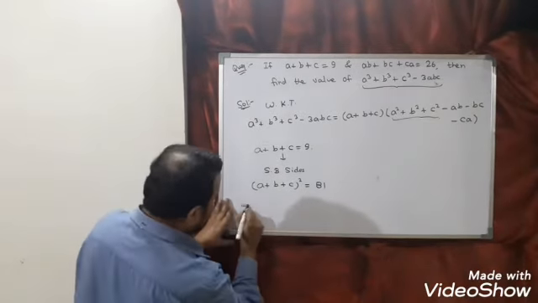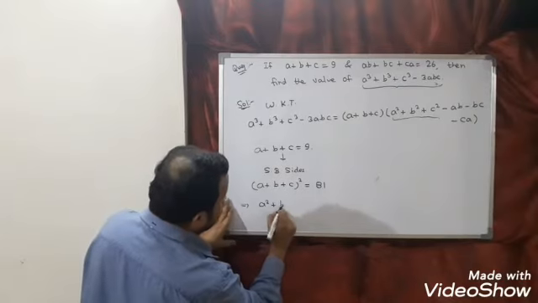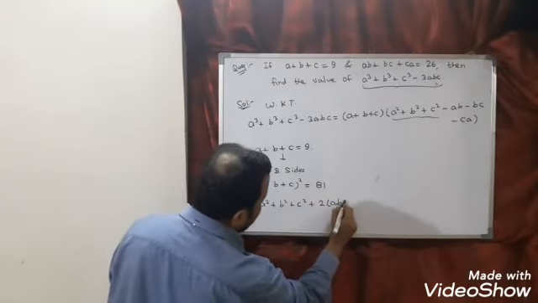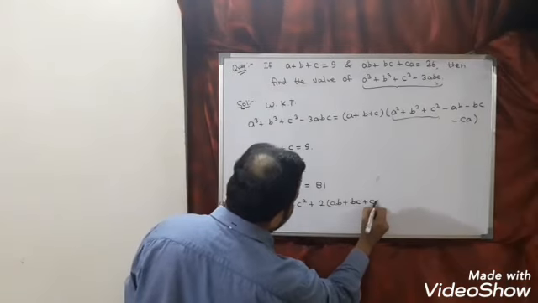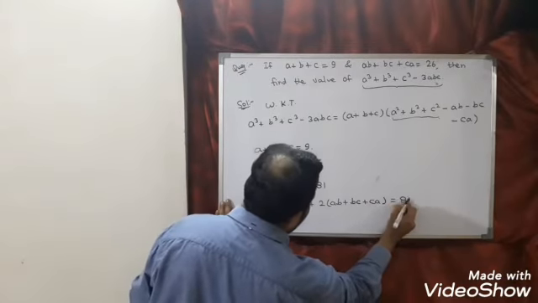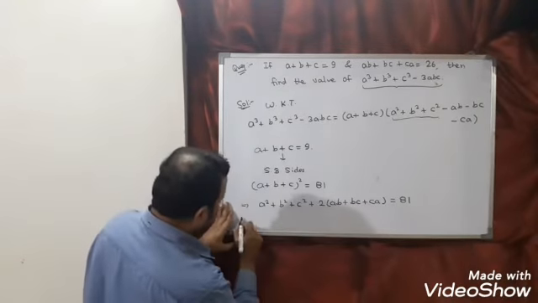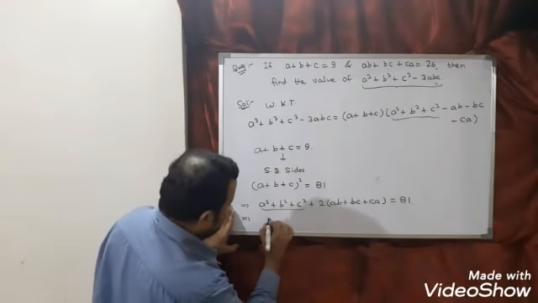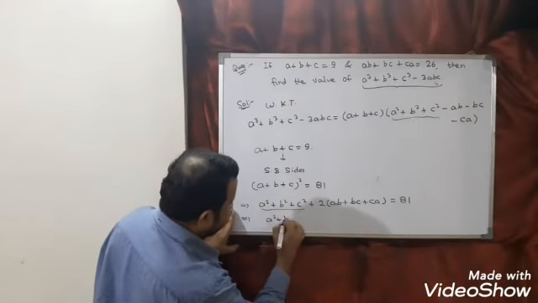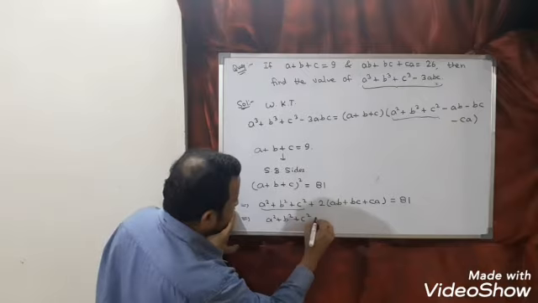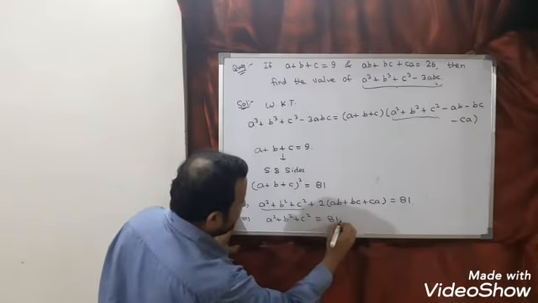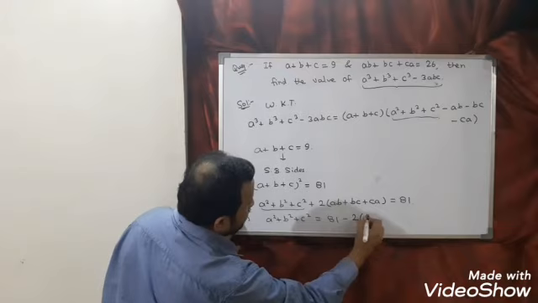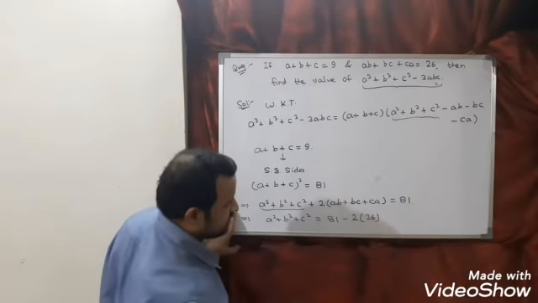Expand this, what will you get? A square plus B square plus C square plus 2 times AB plus BC plus CA is equal to 81. Or this we can write as, tell me this value is how much? So this I can say A square plus B square plus C square is equal to 81 minus 2 into this value, which is nothing but 26.